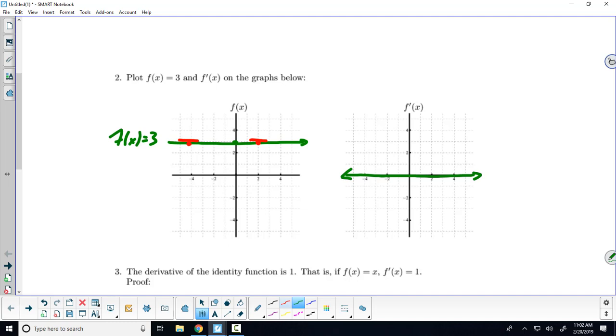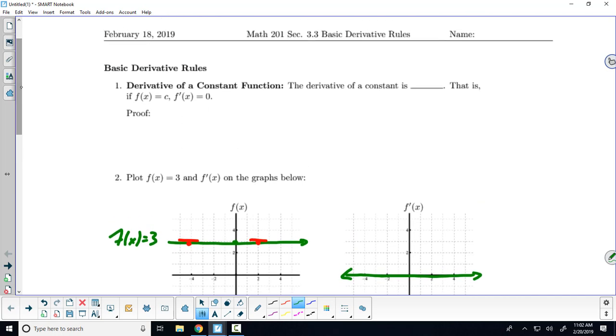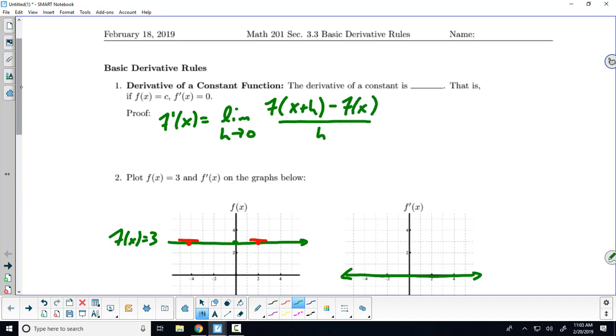Don't forget this sort of intuitive way of looking at a derivative. But let's actually prove that using the limit definition. So here's the proof. f prime of x is equal to the limit as h approaches 0 of f of x plus h minus f of x all over h.